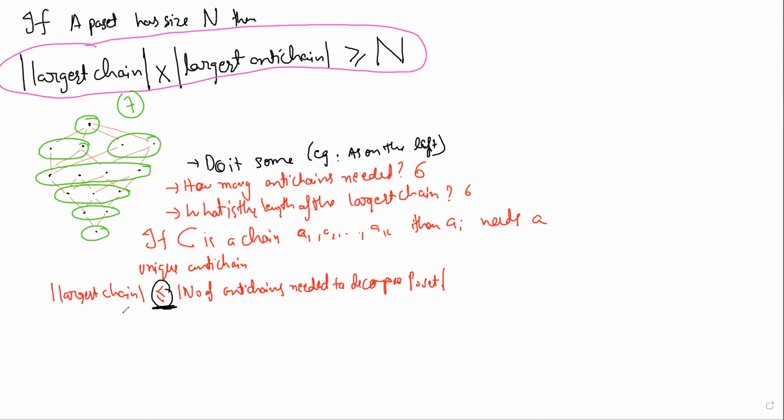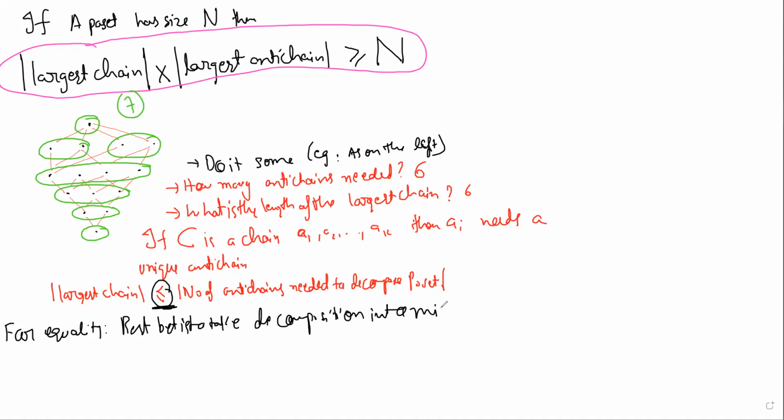Then the natural question to ask is, when can I make this equality? For equality, the best bet is to take a decomposition into the minimum number of anti-chains, because if equality does not hold there, then it will never hold. This is your best bet.